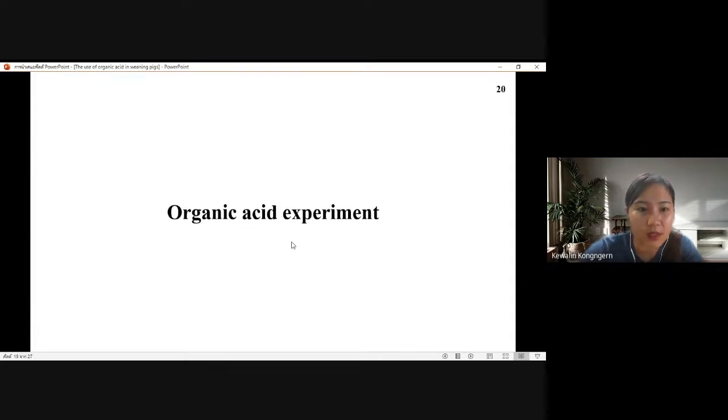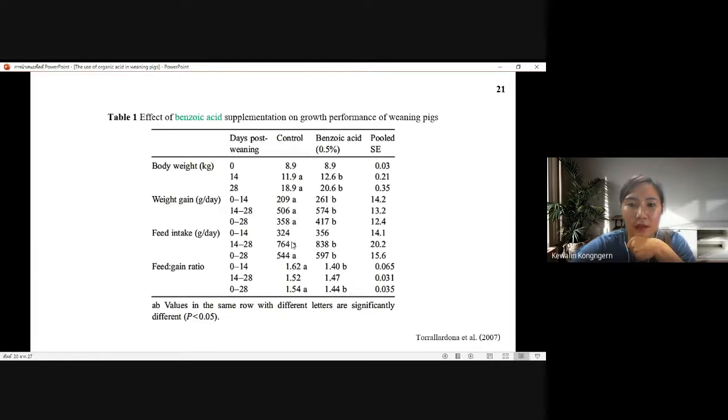Next to the organic acid experiment, this table shows the effect of benzoic acid supplementation on growth performance of weaning pigs.